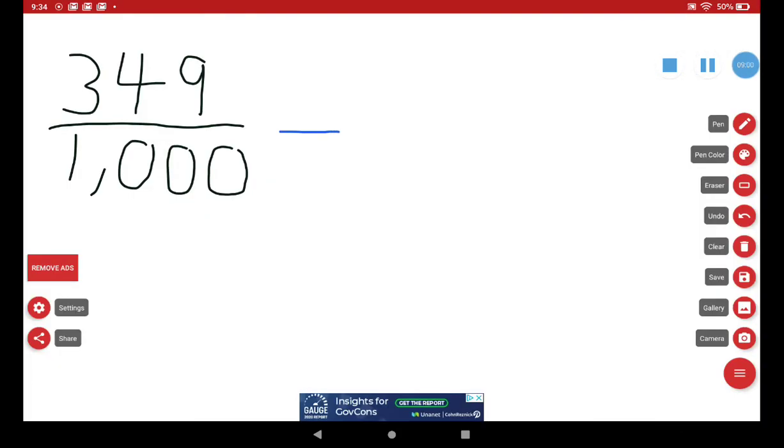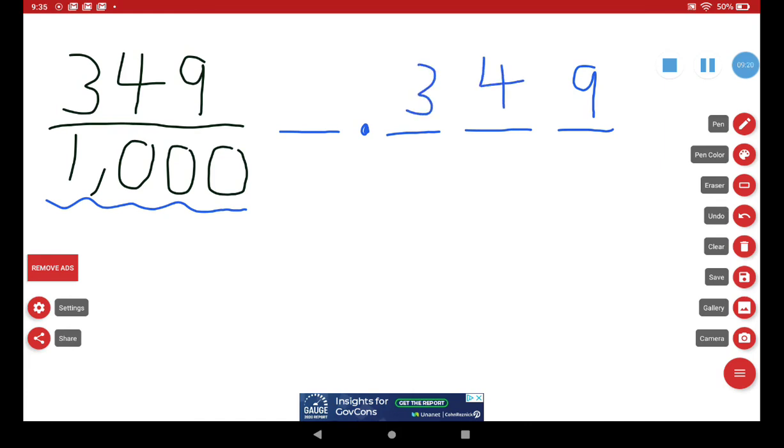Ones, decimal point, tenths, hundredths, thousandths. Okay, well, what number is on the bottom? Very good, thousandths. That means I need to start writing my number: 9, 4, 3, and now I fill in the rest of the places with zeros.